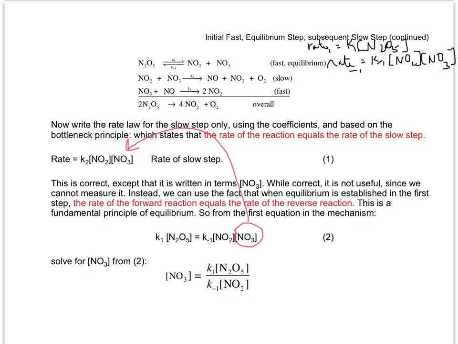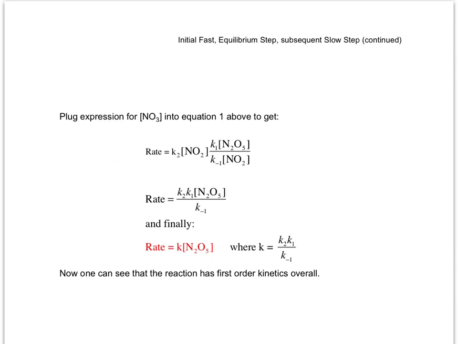Alright, now we're going to carry that onto the next page. So think about what we're doing. We're taking this NO3 and we're plugging it in right there. We had k2 [NO2] multiplied times [NO3]. Okay, and when we do that, then we have the rate of the slow step.